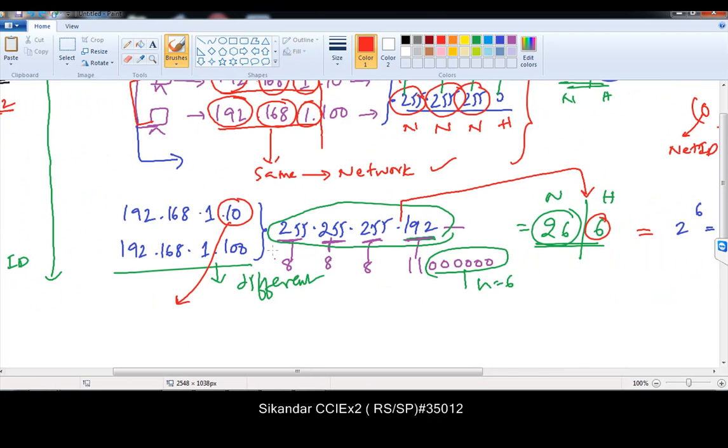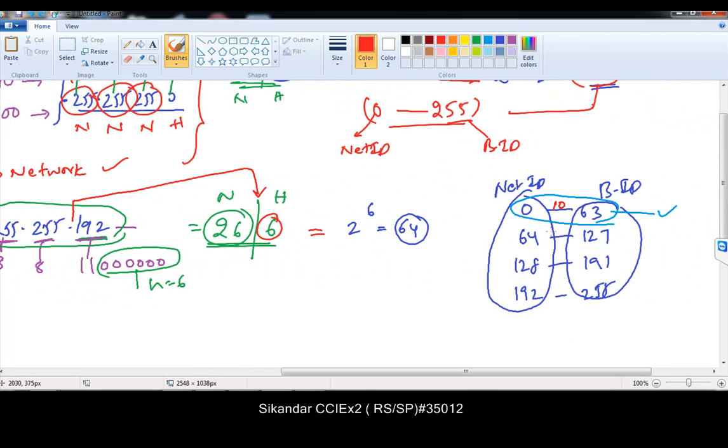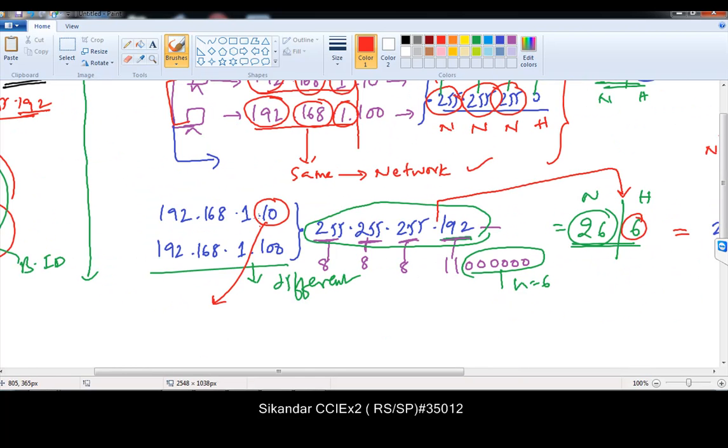And whenever I say 192.168.1.100, the second device with the same subnet mask of 255.255.255.192, the device is going to understand that 100 comes in between 64 to 127, which means anything between 64 to 127 is my network. Anything in 0 to 63 is a separate network. Now the device says, as per this subnet mask, these two are different networks.